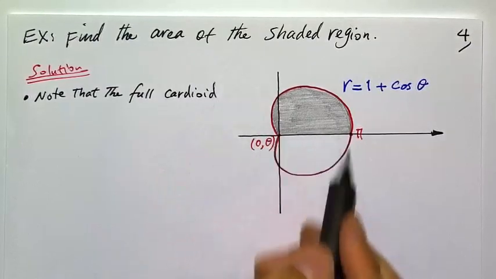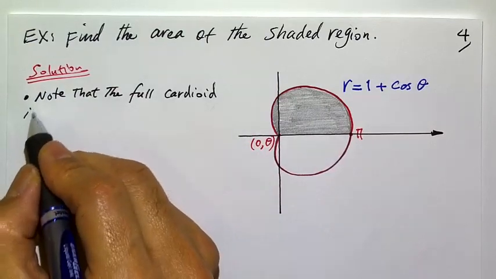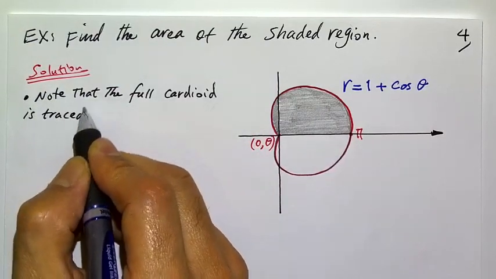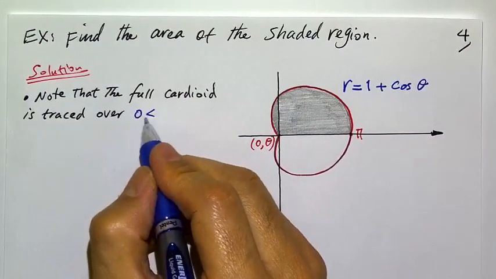The full cardioid, which is that shape, is traced over the interval 0 to 2 pi.